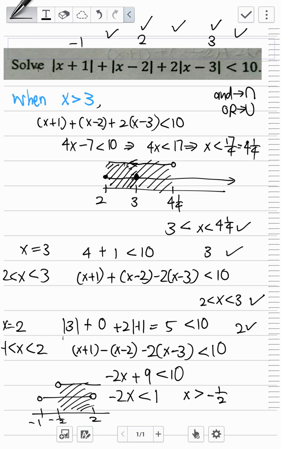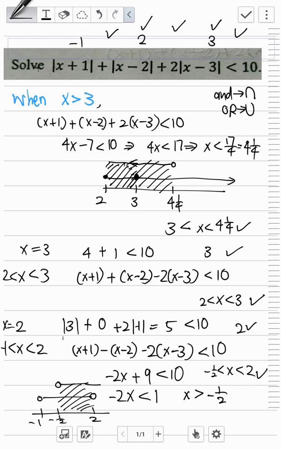So that's it, x greater than minus half. If I substitute, I believe I will get something close to 10. So from here we get the inequality x greater than minus half and smaller than 2.